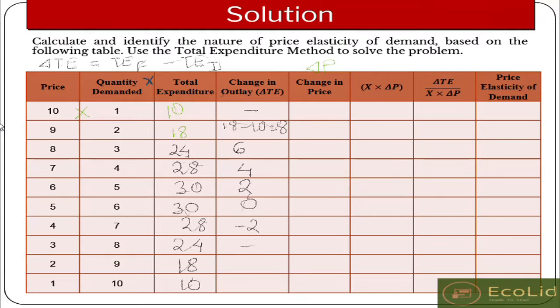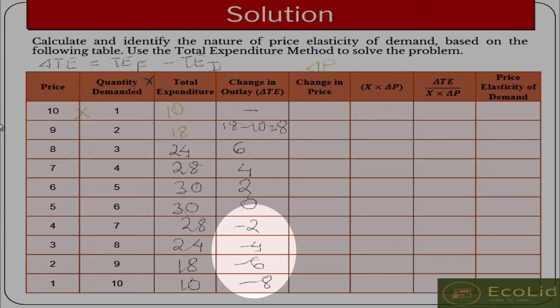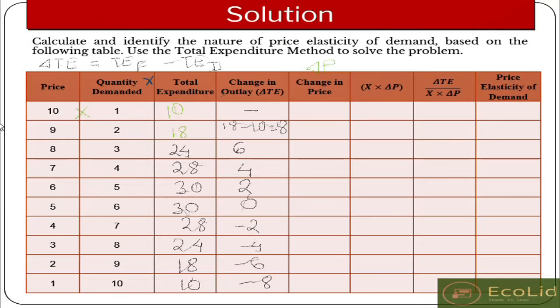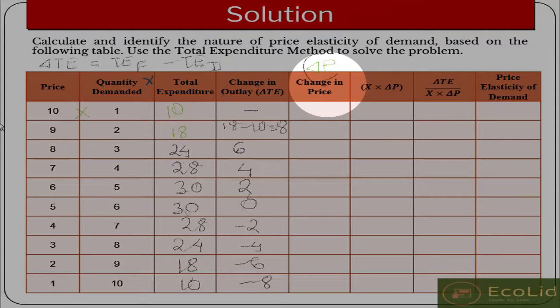Minus 2, minus 4, minus 6, and finally minus 8. Now look here, we didn't ignore the minus sign. If the total expenditure is decreasing, we have included the minus sign when we calculated the change. Now let us calculate the next column, that is del P, or the change in the price.